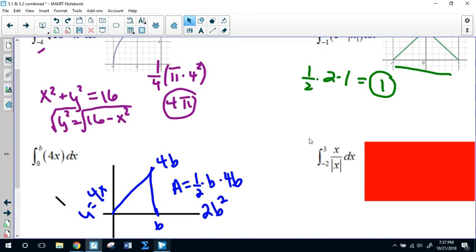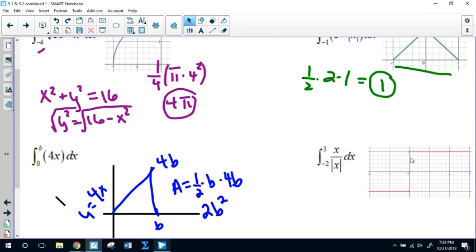Okay, so the next one we have here is this weird equation of x over the absolute value of x from -2 to 3. So let me first get rid of this picture, and here's the picture that we have. So this is the equation, but there's something that you can't really see in the equation here, and that is the fact that there are holes here and here, because you can't have 0 as a value.